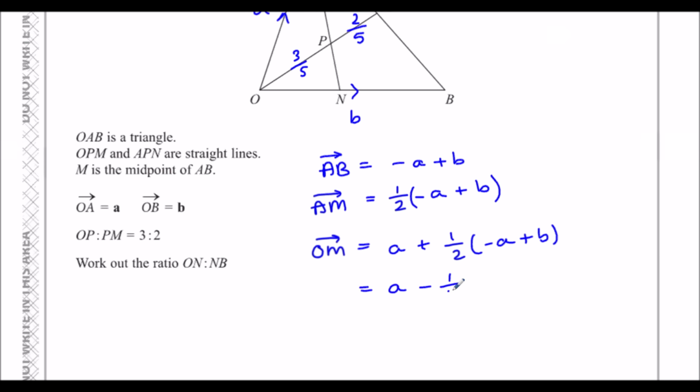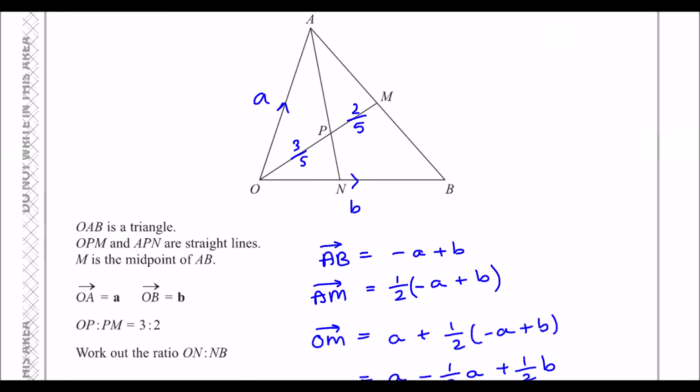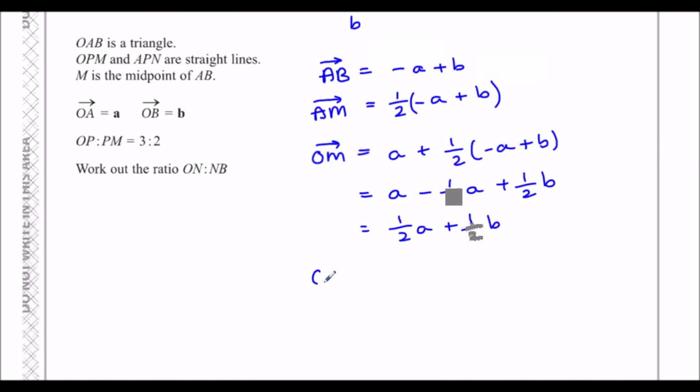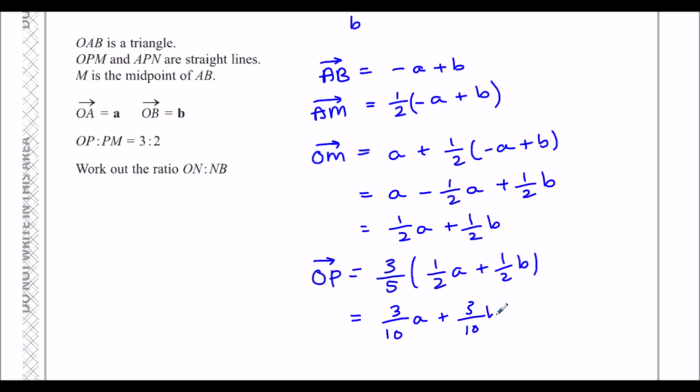So a minus half of an a plus half a b, which is half an a plus half a b. So that's O to M. O to P is 3/5 of that. So 3/5 of half an a plus half a b, which is 3/10 a and 3/10 b.